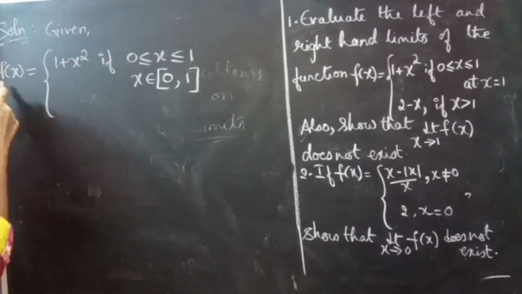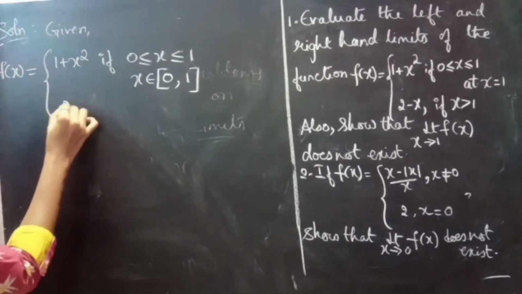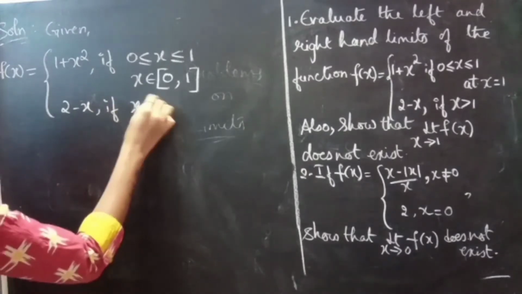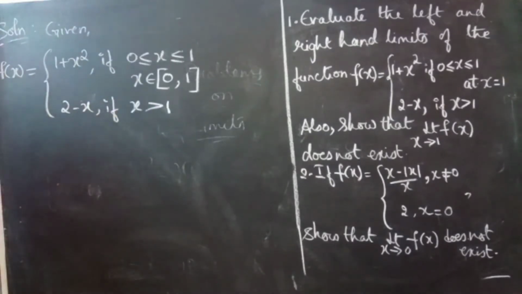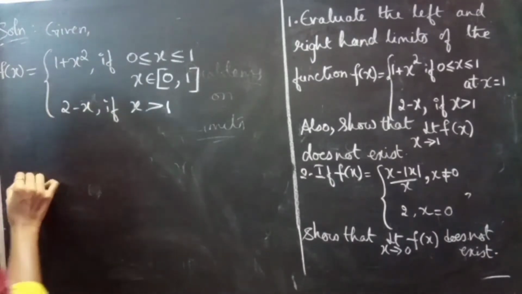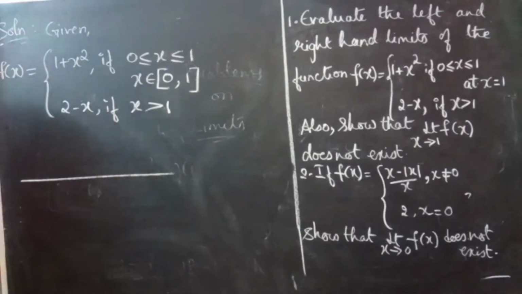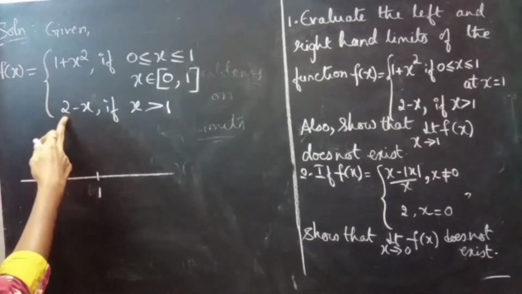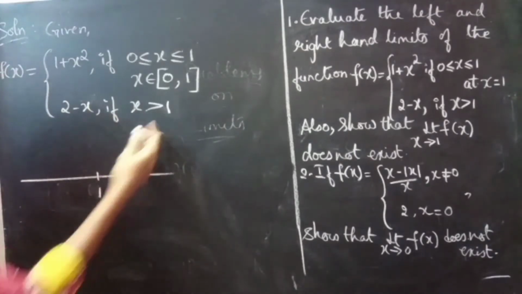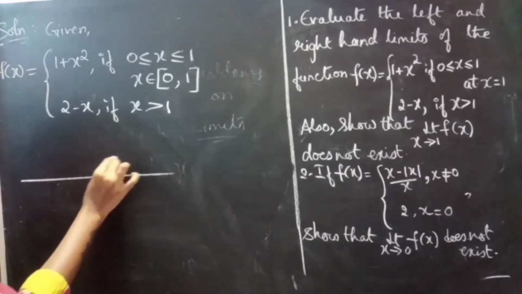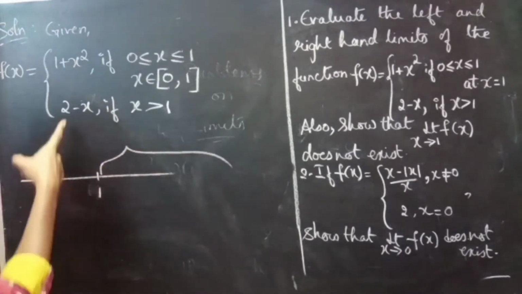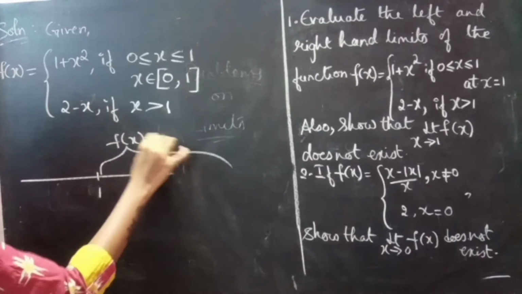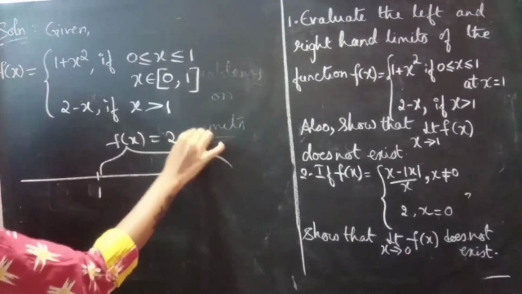Now, f of x equals 2 minus x if x is greater than 1. If we consider a real line, suppose this is 1. So, if x is greater than 1, then f of x equals 2 minus x.